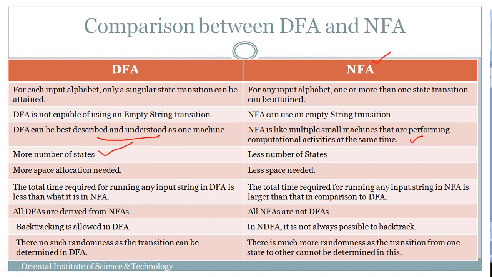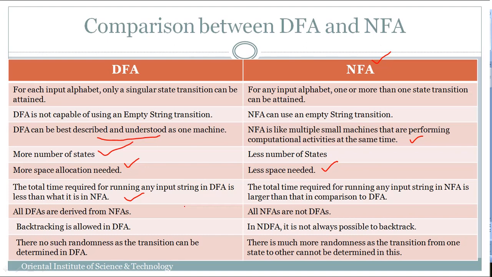Similarly, if the number of states is more, then no doubt the memory requirement for deterministic finite automata is much more compared to non-deterministic finite automata. And the time required to run a particular input in the DFA is less compared to NFA because it is deterministic, which means everything can be determined at the beginning.